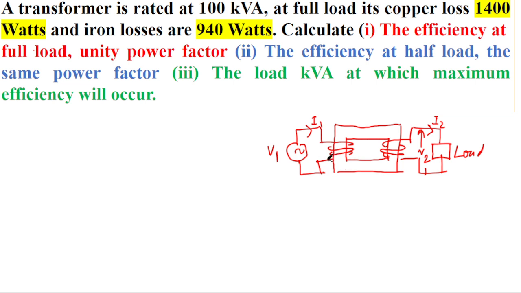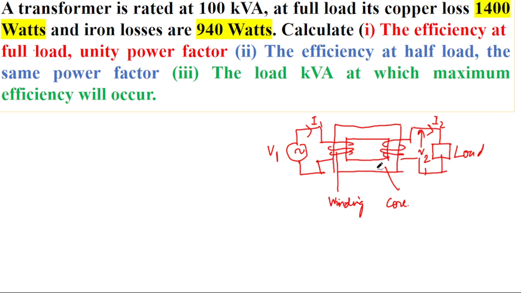In the transformer, there are two windings. This is the primary winding, and this is the secondary winding. These are the windings of the transformer, and this is the core of the transformer. This is a magnetic material. The core is made of iron, and the windings are made of copper.